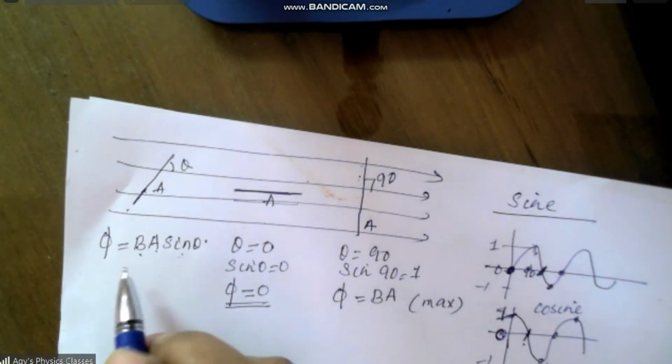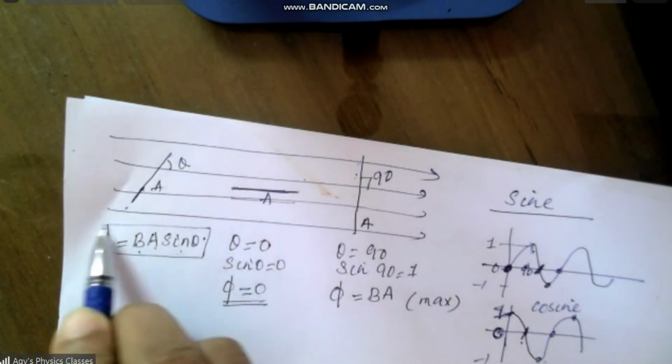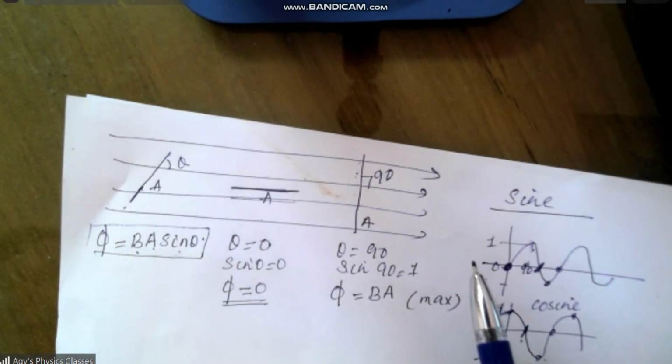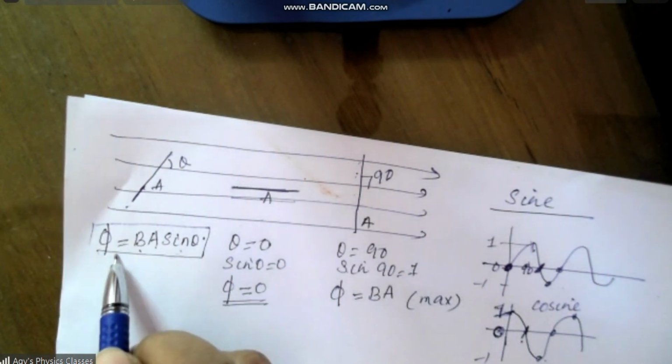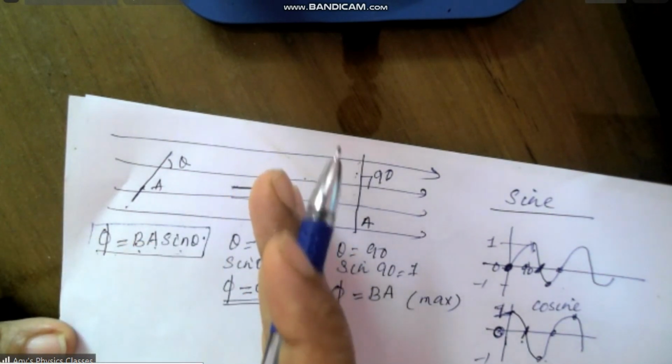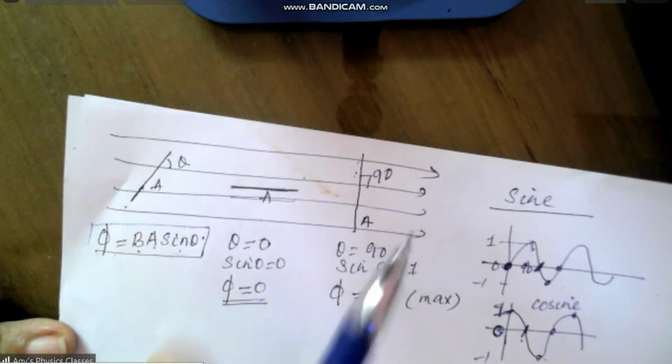So you learned a new formula: flux phi is equal to BA sine theta. This is the flux connected to, or the field lines passing through, one area.